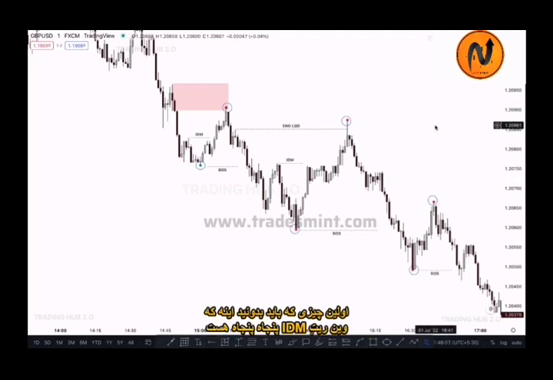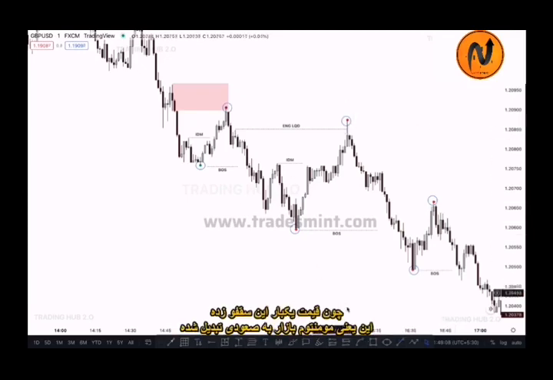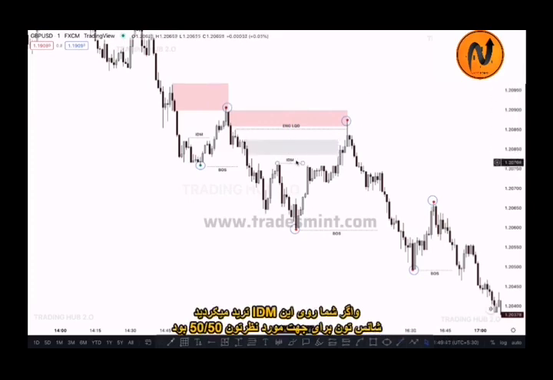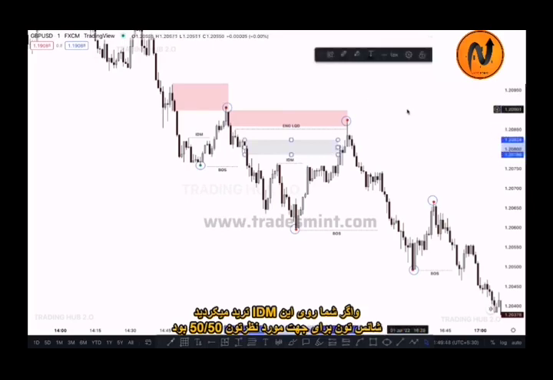Remember one thing: inducement is a 50-50% probability setup, and engineering liquidity is a high probability setup, because once the market breaks this high, which is actually here, it means momentum has shifted from bearish to bullish, right? And if you take a trade based on the inducement, it is a 50-50% chance of the probability going in your direction, and maybe against you.